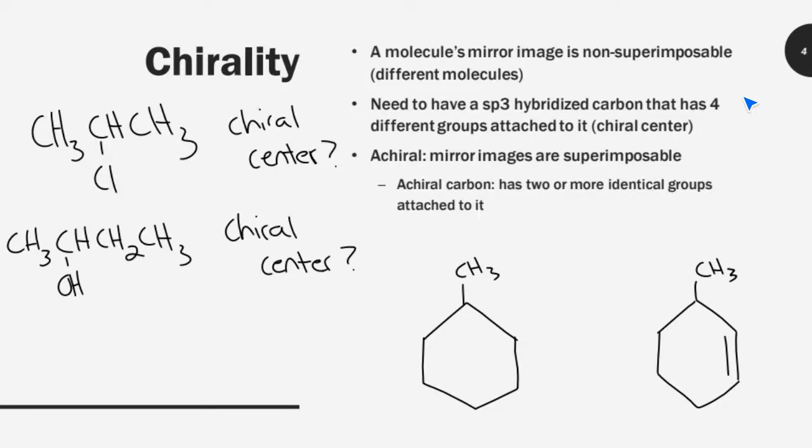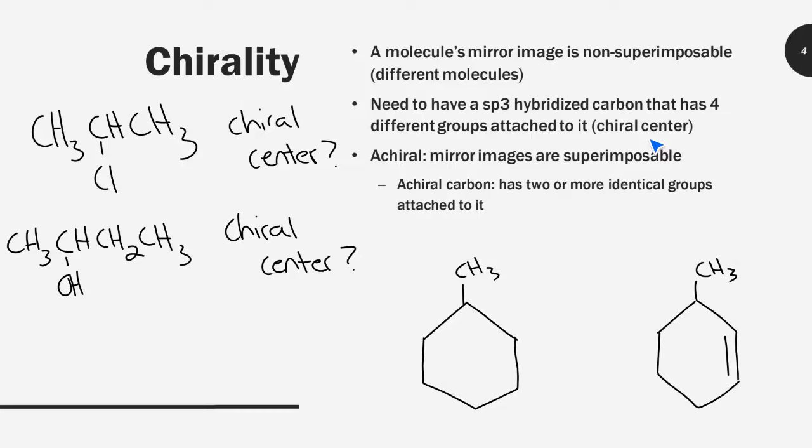To be chiral, it has to be an sp3 hybridized carbon, because we need to have 4 different groups, and sp3 carbons have 4 bonds, right? So we have an sp2 carbon like this one here. There's no way that could be chiral because we have a double bond. So we're not going to have 4 different groups attached to it. And the atoms with the 4 different groups are called chiral centers.